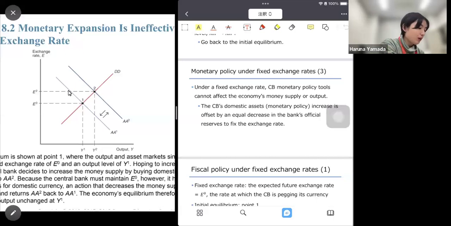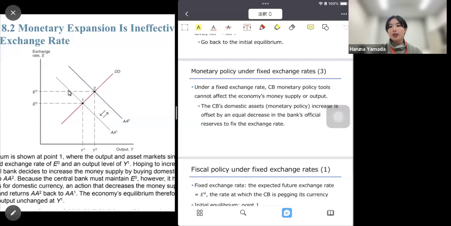Output does not increase because an output increase is associated with currency depreciation. To prevent currency depreciation, the money supply goes back to the initial level through central bank intervention. So therefore, output goes back and does not change.